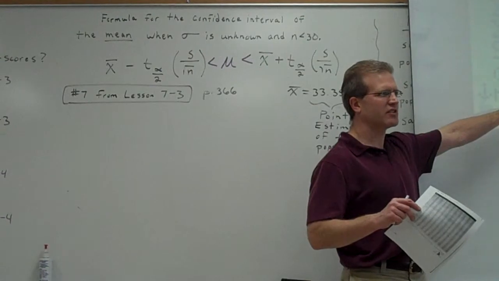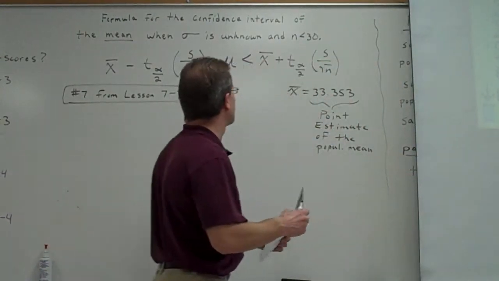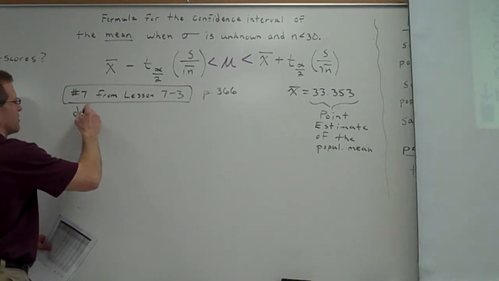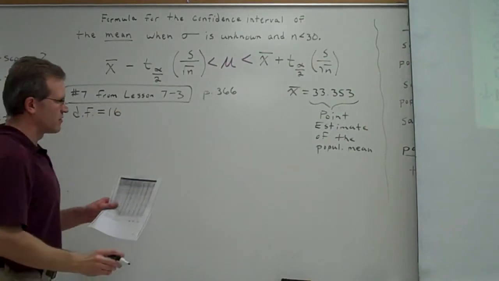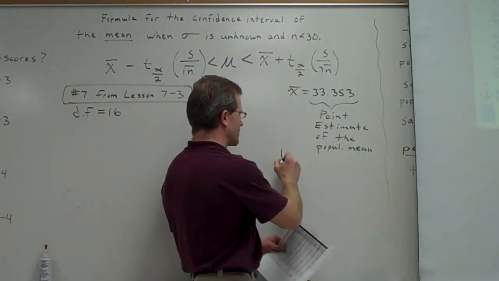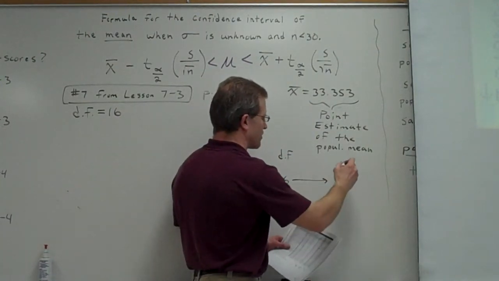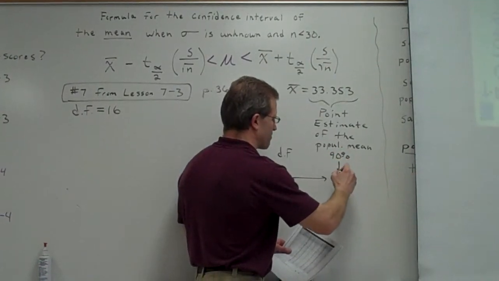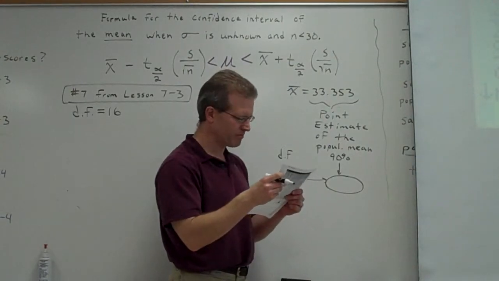If the sample size is 17, what's the degrees of freedom? 16. It's always n minus 1. So our degrees of freedom on this problem is going to be 17 minus 1, which is 16. So go to your chart. You're going to go down to degrees of freedom of 16. You're going to go over to 90% confidence interval. And that's going to give you a t-score.